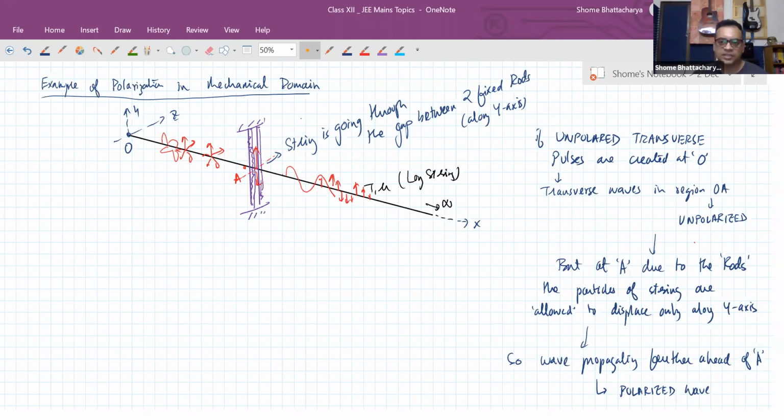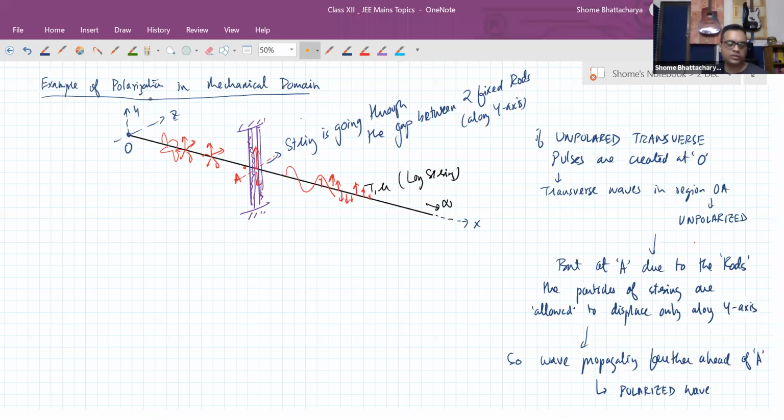Something similar happens in the electromagnetic domain, and it's actually quite an interesting situation how it happens. But basically, a Polaroid filter blocks out electric field along a particular axis and allows electric field only along the perpendicular axis.